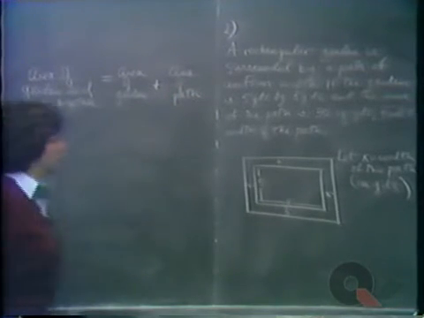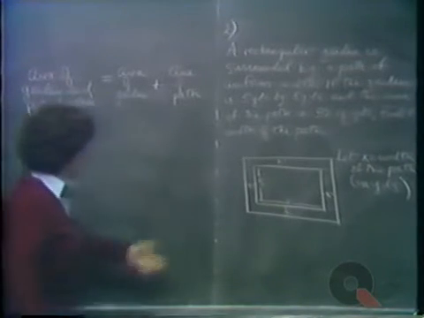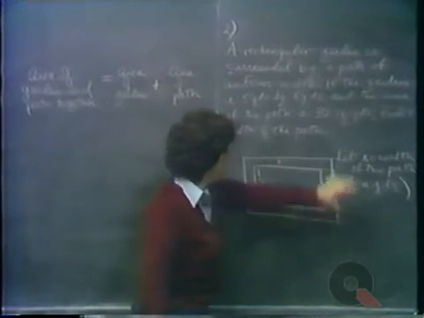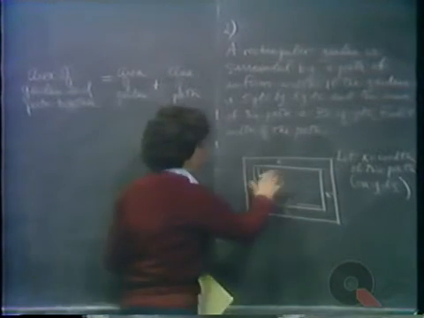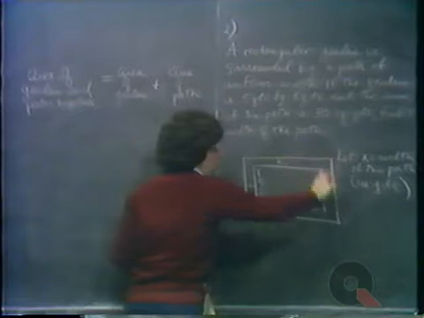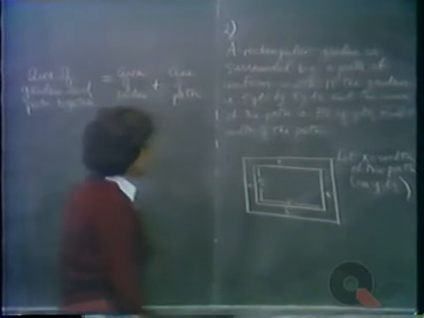The whole is equal to the sum of its parts here. If we take the garden and the path together, the entire large rectangle, that would be equal to the area of the garden, which is this inner rectangle, plus the area of the path which surrounds it.